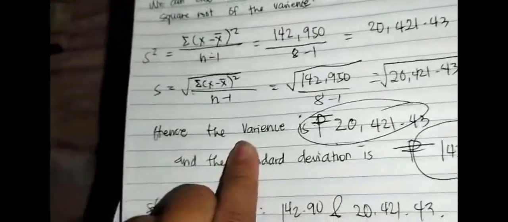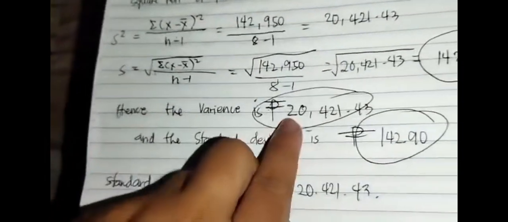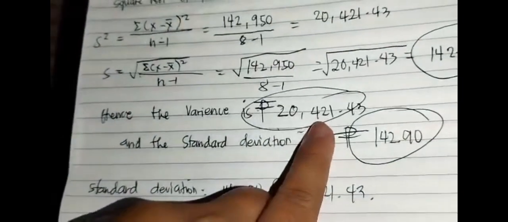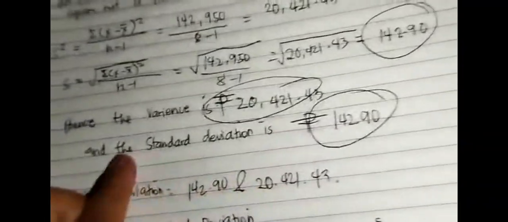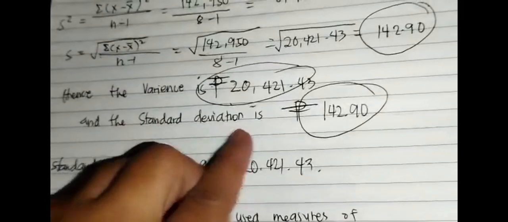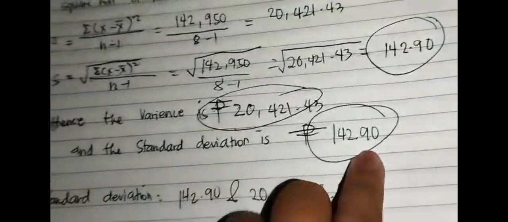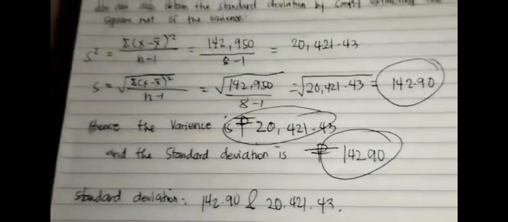So, ang variance po natin is 20,421.43 and ang standard deviation naman po natin ay 142.90 pesos.